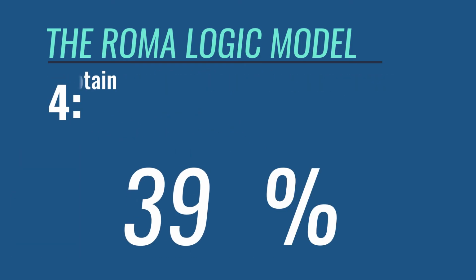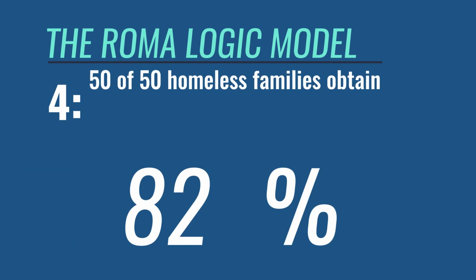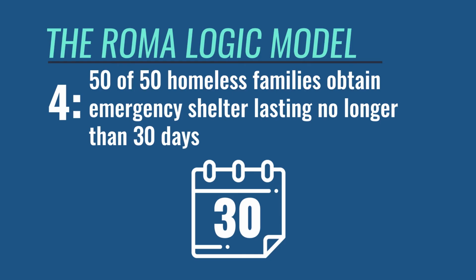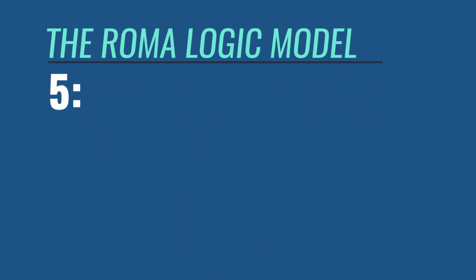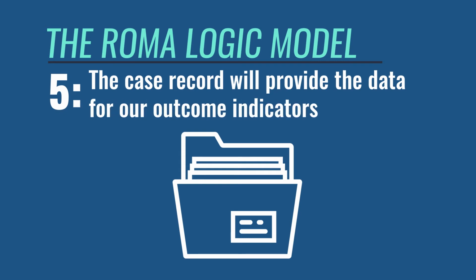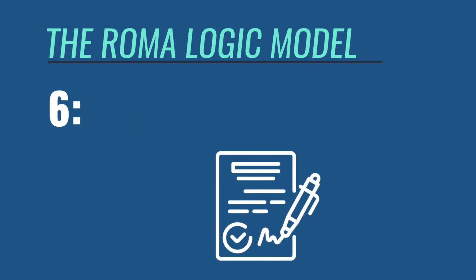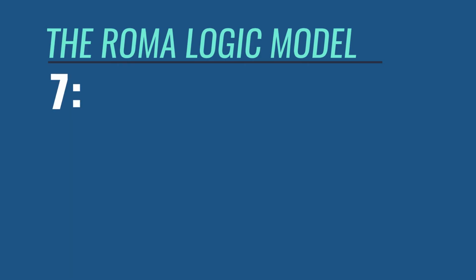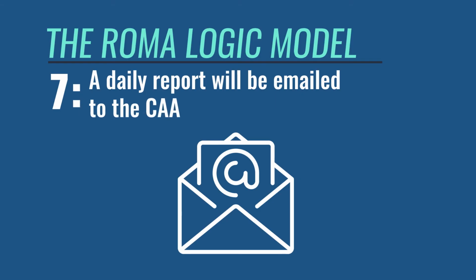Our outcome indicators are 50 of 50, or 100% of homeless families obtain emergency shelter lasting no longer than 30 days. Step 5. The case record will provide the data for our outcome indicators. Step 6. The case manager will update the case record when the family enters the shelter. Step 7. A daily report will be emailed to the CAA.